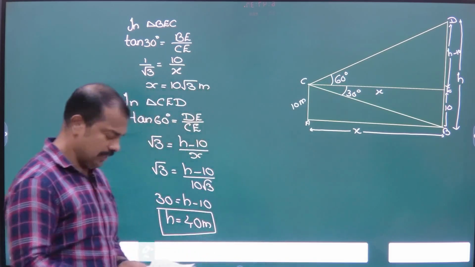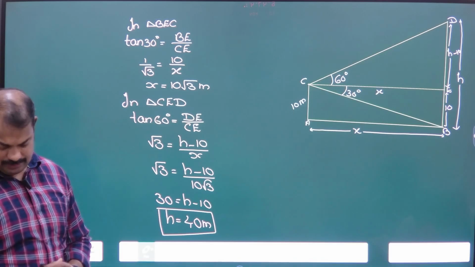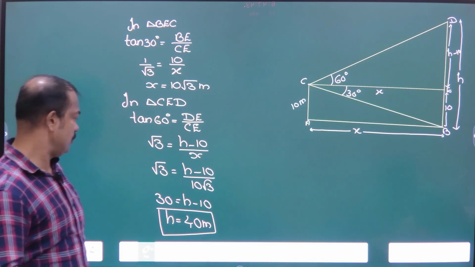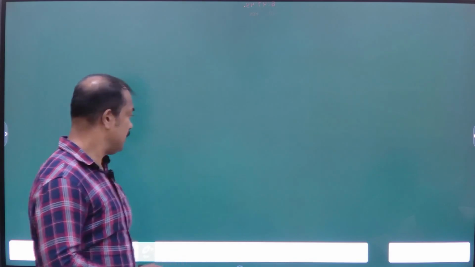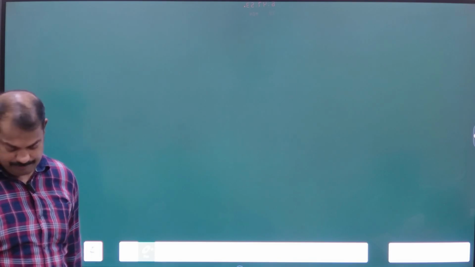Next question. A shopkeeper buys a number of books for ₹80.